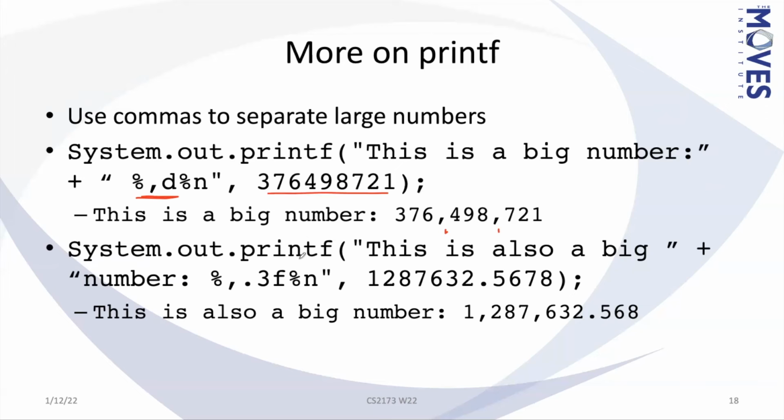And then we can add the same thing for floating points. So here's a floating point value that's in the millions. Let's unpack this. Moving from the right to the left, it says use 3 decimal places to the right, and for the left of the decimal places, separate them by a comma.